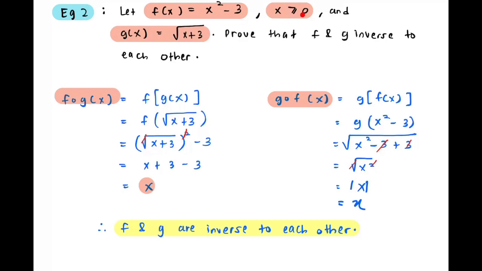And then we have clarified that x must always be more or equal to 0, so we can drop the modulus sign. So this is just x. So let us conclude f and g are inverses to each other, since f compose g is equal to g compose f. This is equal to x.